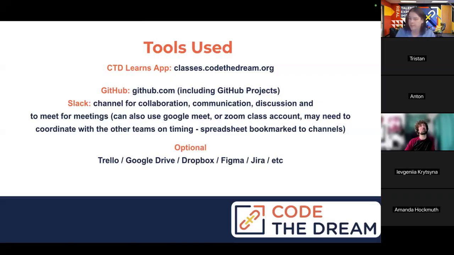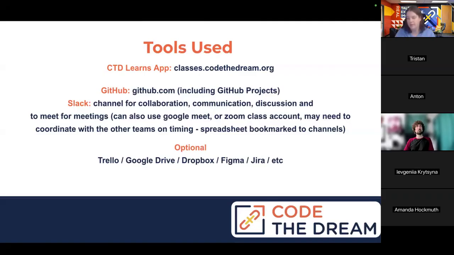So those will be a lot of the organizational tools that you'll use. There are some optional things that your team might elect to use, like Figma or Canva or other wireframing devices for designing the overall concept of the project. You might use Google Drive to share files, like some dummy data or images to use for graphics.